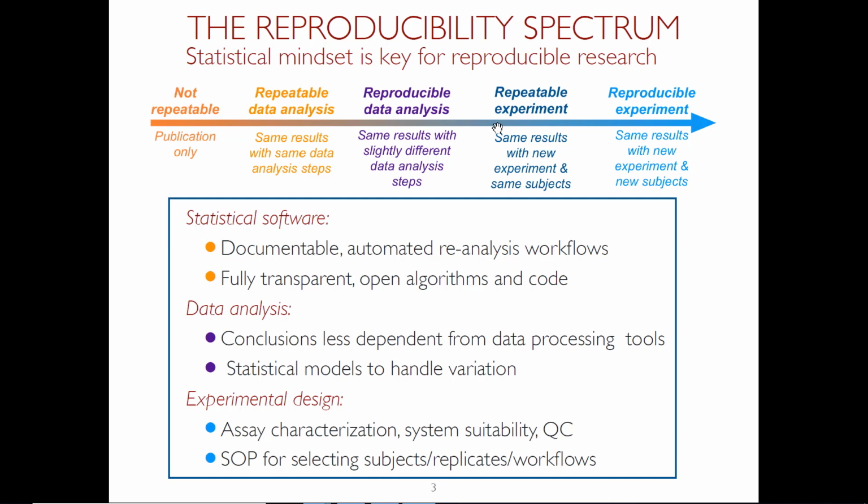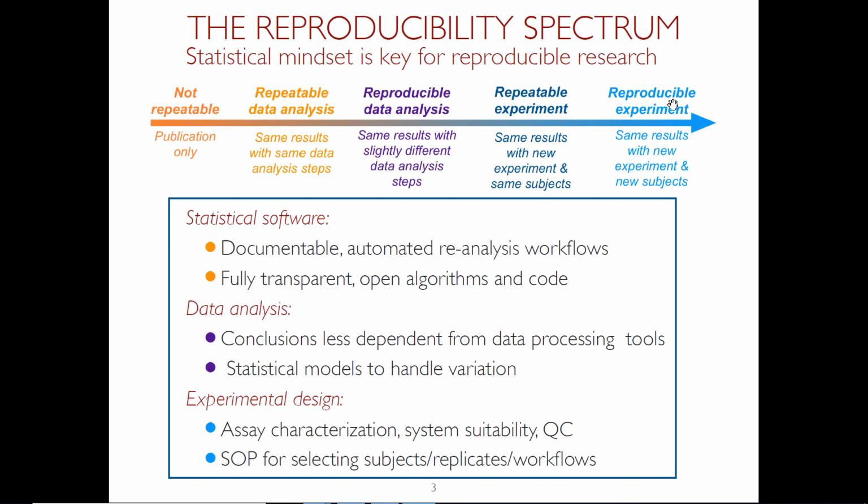And so the repeatable experiment is if we take the same samples and repeat the same mass spectrometry analysis on them, but the gold standard for reproducibility is to actually take new biological material, let's say new subjects from the same disease and new subjects from the same healthy reference group, and obtain the same qualitative results. And so this is really what we are aiming for here. So when I talk about reproducible research, we want to do this, but to do this, we need to make sure that the entire spectrum can actually be carried out.